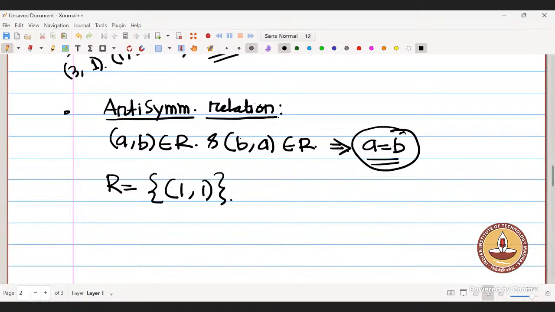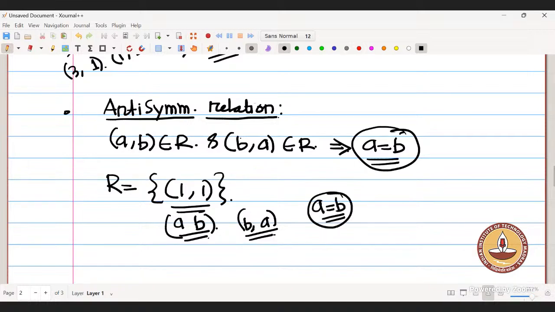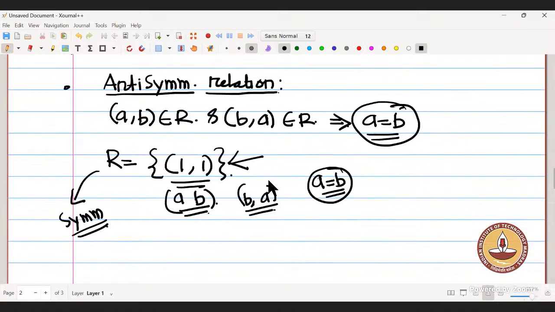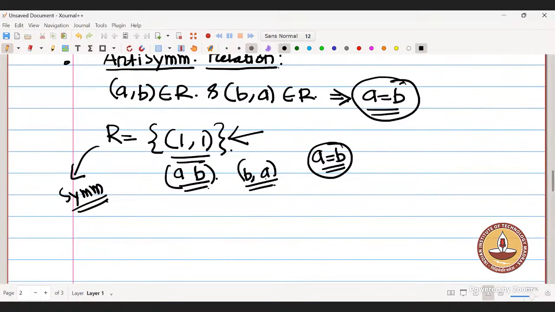If you think of this as (a, b), and (b, a) is also there, it's not violating the condition, since a is equal to b. So that's why this is an anti-symmetric relation, and at the same time it is also a symmetric relation. So it's not correct that if a relation is not symmetric, then it is anti-symmetric. A relation can be both symmetric and anti-symmetric.